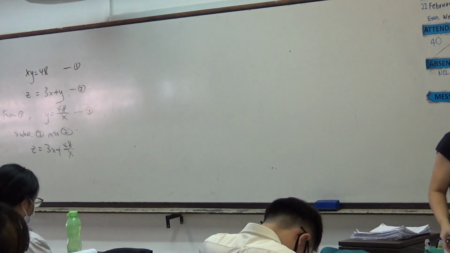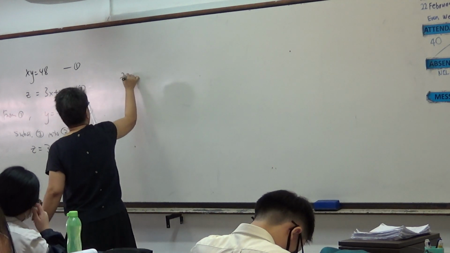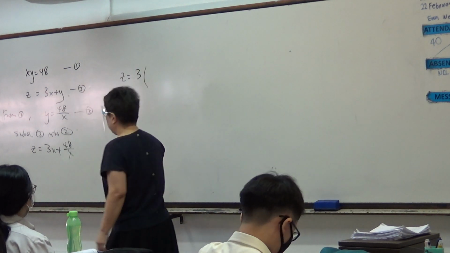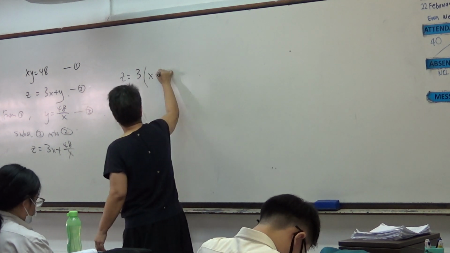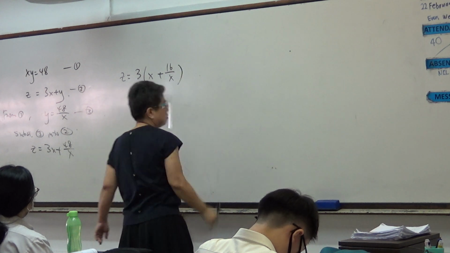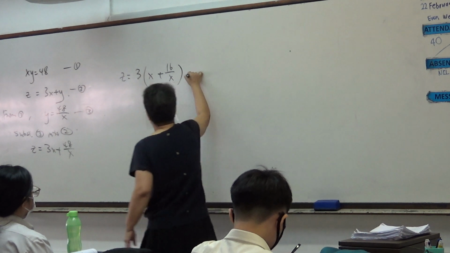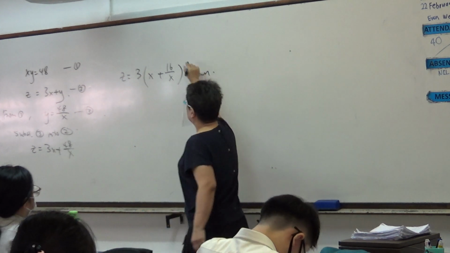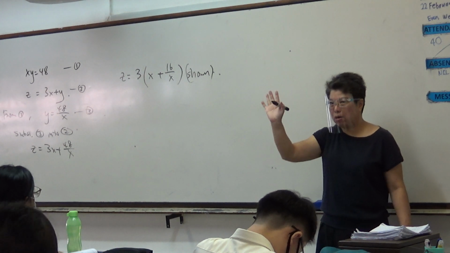Now, can you see I can factorize out 3? Then I get x, right? Factorize out 3, I get 16 over x. Can you see what I'm talking about here? So, therefore, this is shown. Everybody okay? I take out common factor of 3.